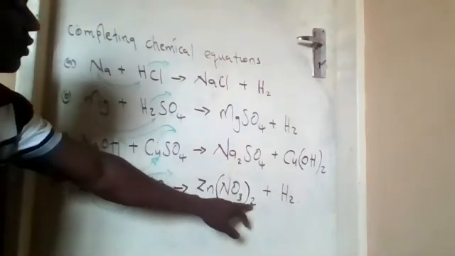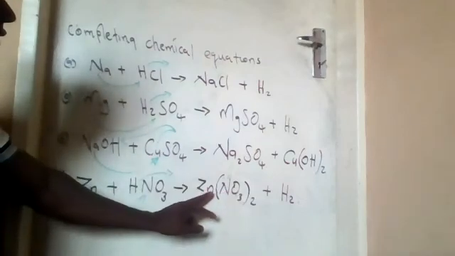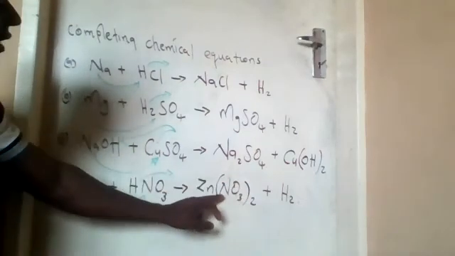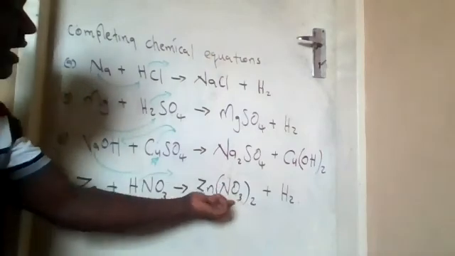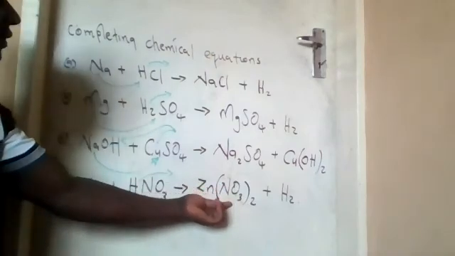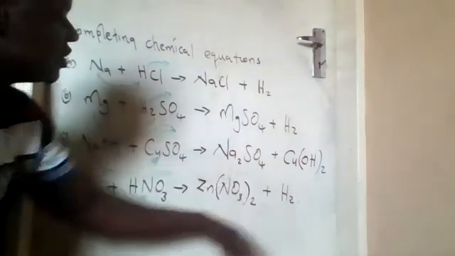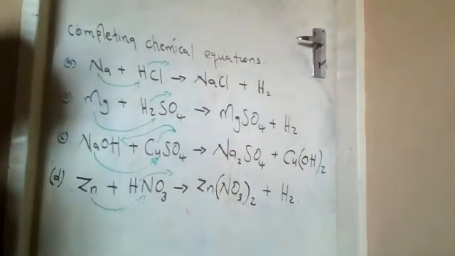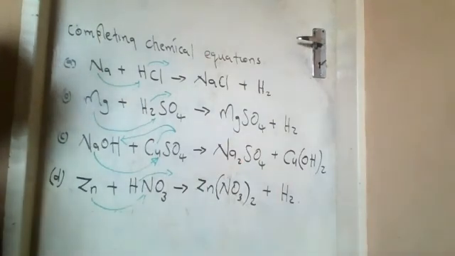Because this 2, which is the valence for zinc, is representing everything on the nitrate. That's why I have put them inside the bracket. Then the gas hydrogen, which is produced, is a diatomic element, so definitely it should have a 2 written as a subscript.